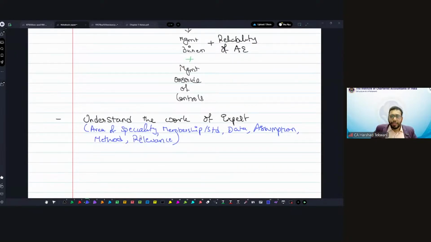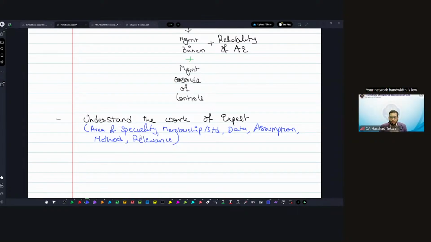So accordingly, we need to understand whether the work of an expert is appropriate for us or not. For example, let's say someone has done the cash flow calculation for a particular project, and based on that management has booked some accounting entries. Hypothetical example I'm giving you.